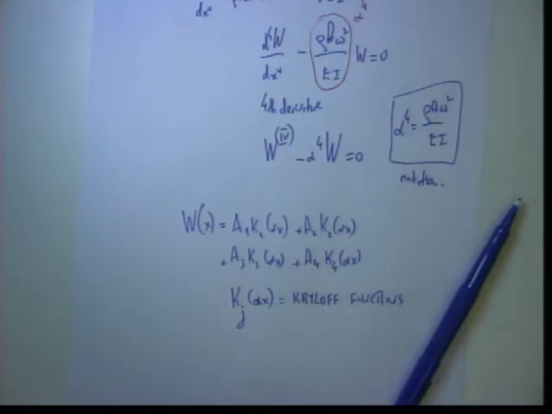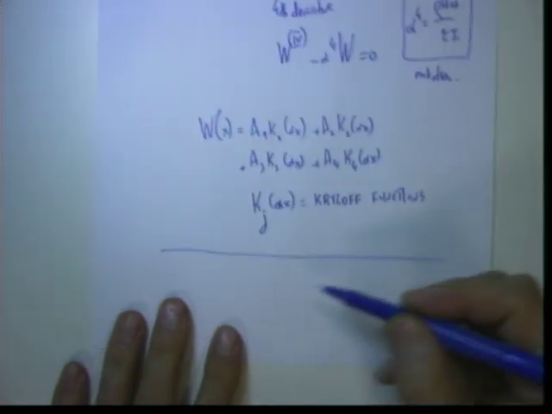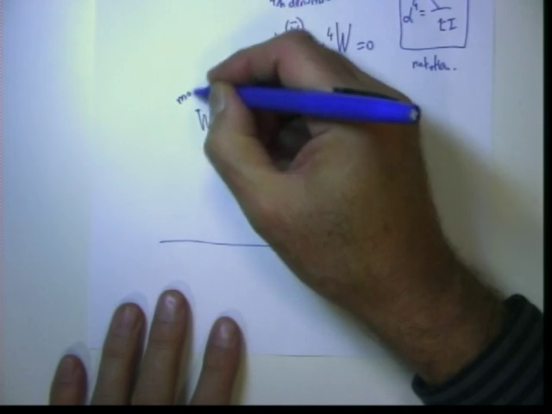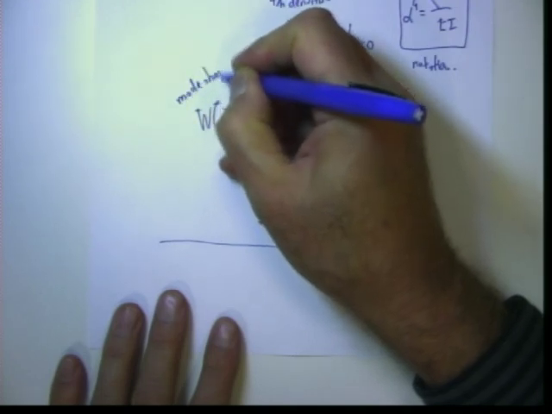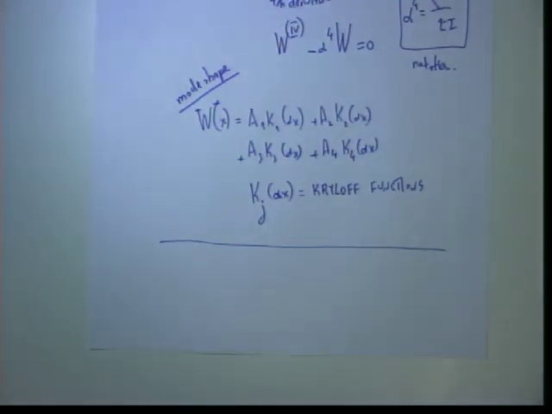This W(x) is called the mode shape. Mode shape means the shape that this beam takes while it vibrates. This beam is vibrating, so it has an amplitude, some maximum, minimum, etc. Naturally the beam does not stay straight.